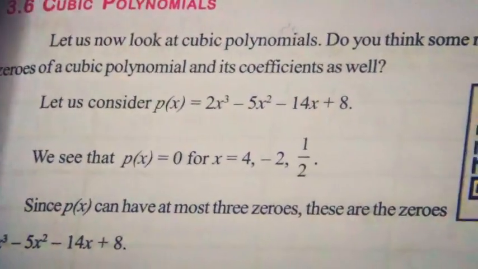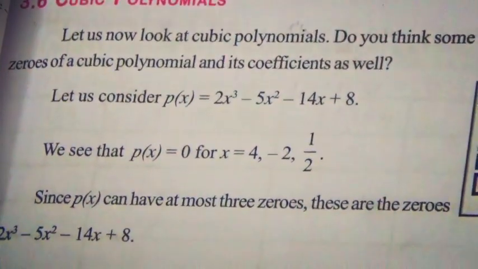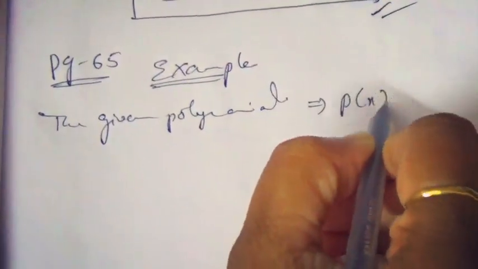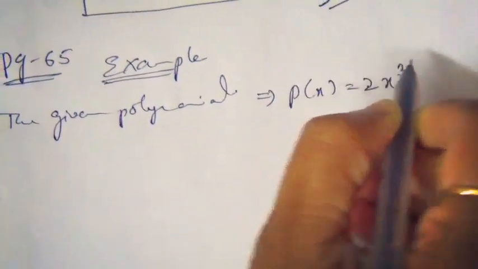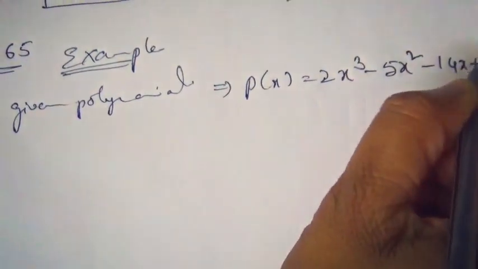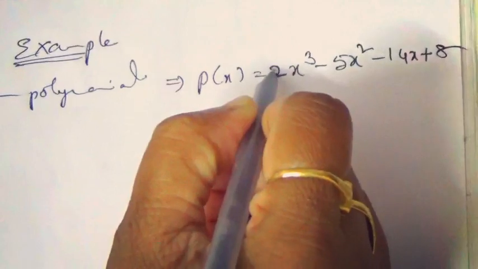P of x is equal to 2x cube minus 5x square minus 14x plus 8. It is a cubic polynomial.